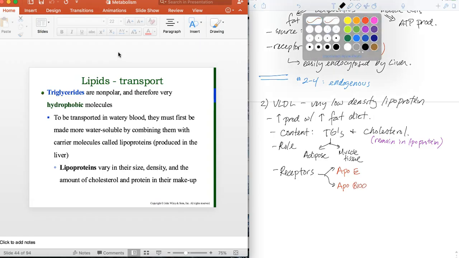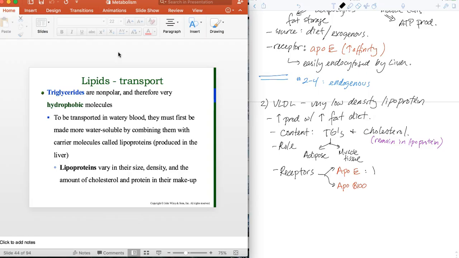Remember that the ApoE is the high affinity one. Turns out that ApoB100 is going to be a low affinity one.